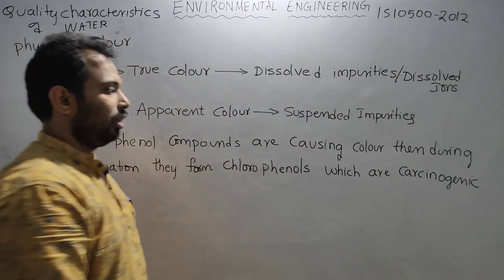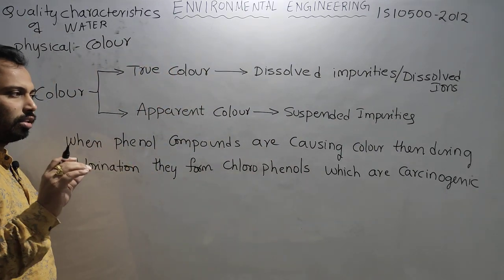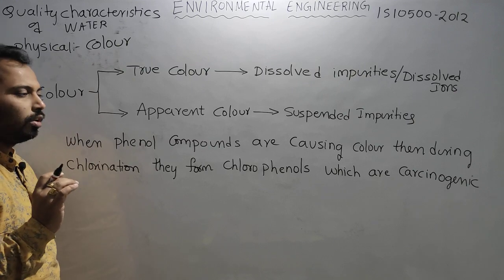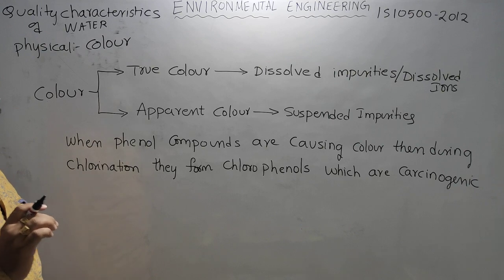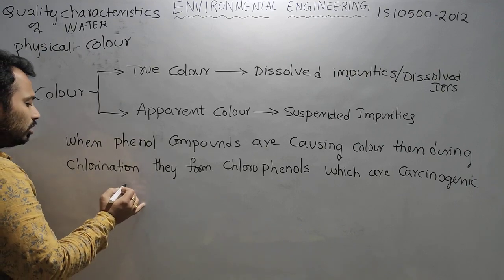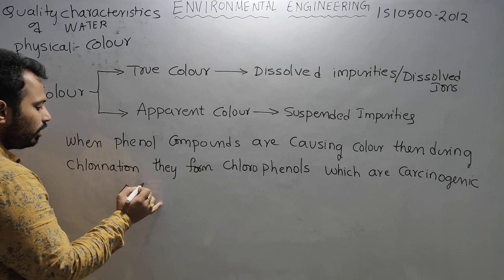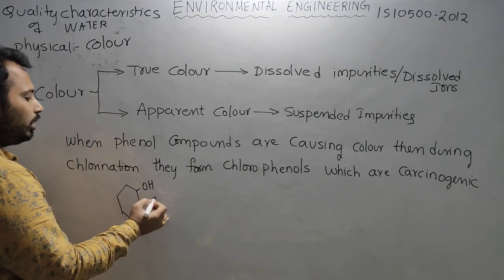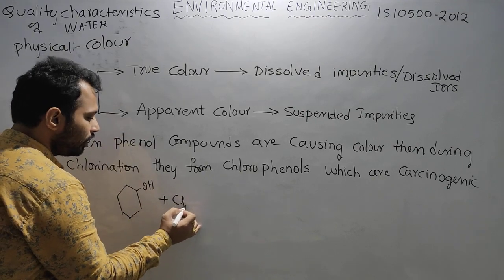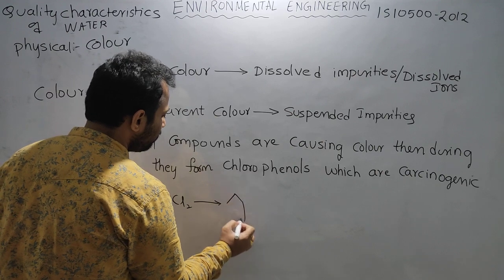When normal color causing compounds are there, there is no problem to us. But when the color is caused by phenolic compounds, that means organic compounds which have an OH ion in them, when they are treated with chlorine, this OH ion gets replaced with OCl minus ion.